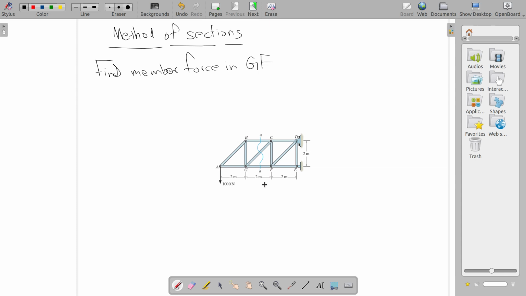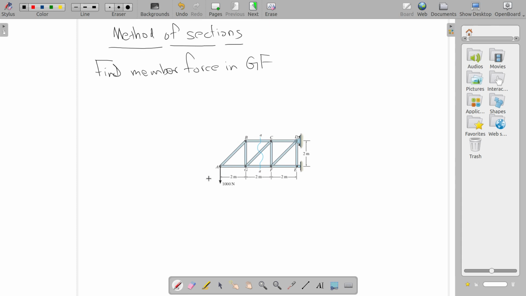So that's not going to be easy, right? You take the whole structure and find out the support reactions, solve this joint, then solve this joint, because here again you have 3 unknowns, and this joint, after that you can solve this joint, find out GF. So that is going to be time consuming.